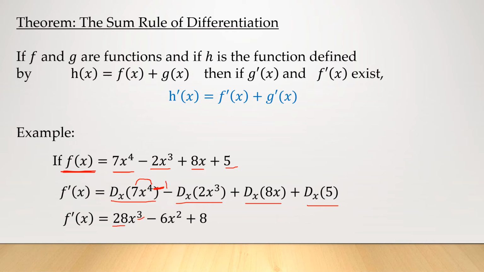Kaya siya naging 3. And then, for this one, again, we are going to multiply 2 times 3, that is 6. And then, 3 minus 1, ima-minus natin ng 1 ang ating exponent, kaya siya naging 2. And then, of course, we will just follow our mathematical operation here. So, this is minus. And then, to get the derivative of 8x, ganun din yung gagawin natin.